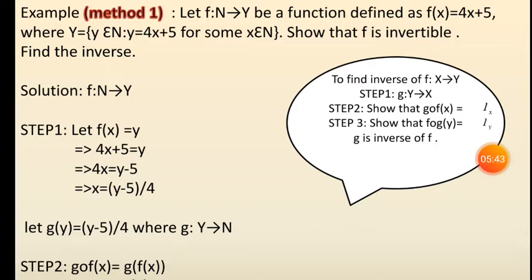Here y is defined as y = 4x + 5, and x and y both are natural numbers. Show that f is invertible. Okay. Here we considered y because y is actually the range.